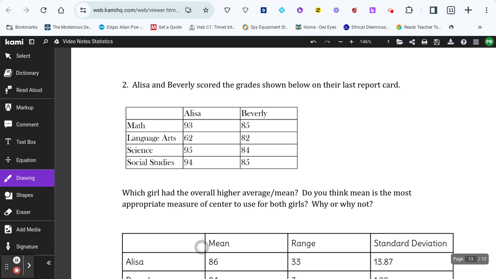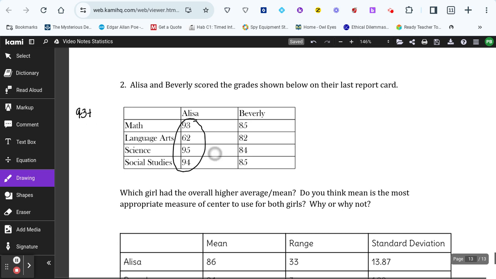So I'm going to take Alyssa's scores and add these all together. 93 plus 62 plus 95 plus 94. I'm going to divide them by 4 and see what we get.